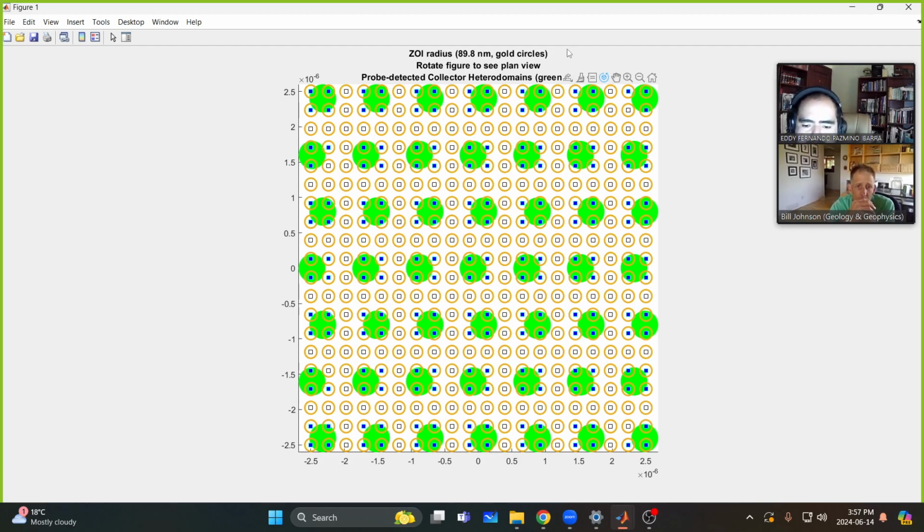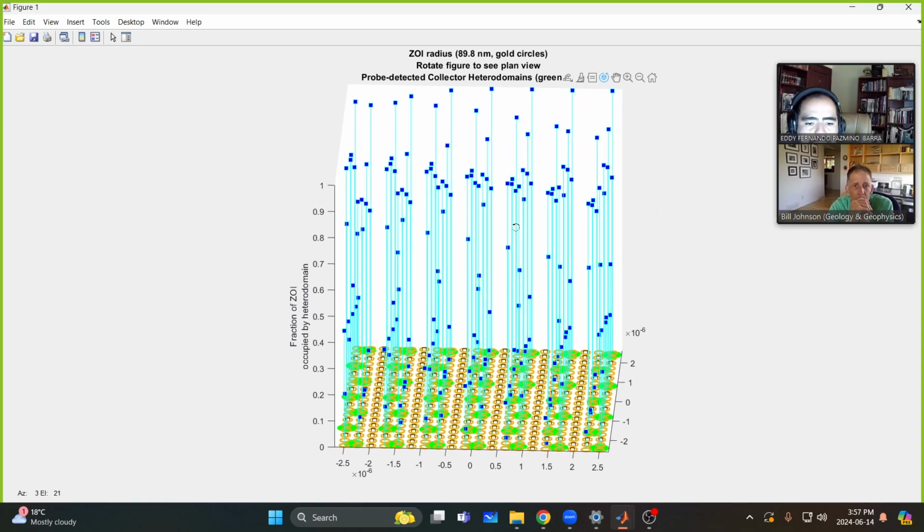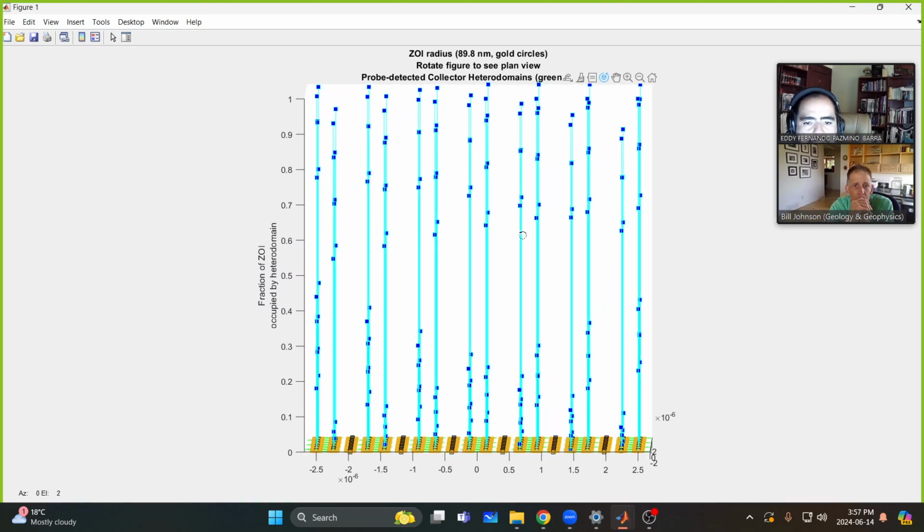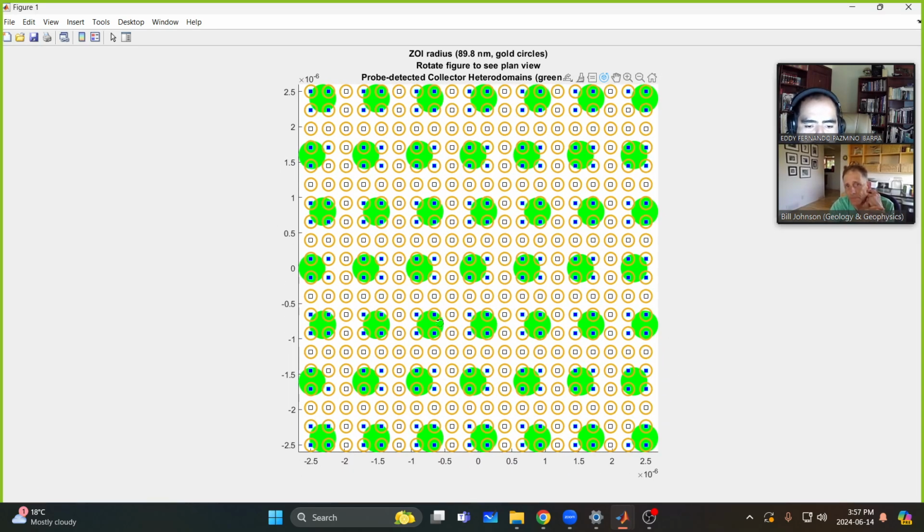Yeah. For example, just before going to that, you can actually use all these tools from the MATLAB plot to show you values if you want to look at those. And rotate this again, and you can see the higher the bar is, the higher the overlap. As Bill said, the green, that is the heterodomain, the part of the surface that has an attractive electrostatic force, is feeling the zone of influence of the colloid.